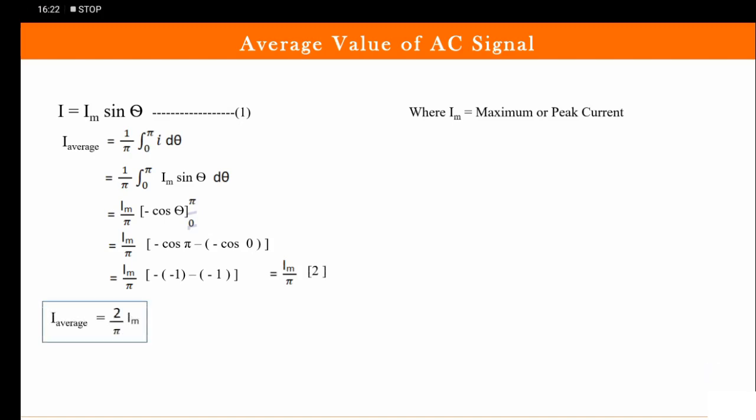So basically the equation for average value is 2 Im by pi. This is very important, and please remember that we have calculated this average value for half cycle, because for full cycle it is going to be 0. The average value of a full sine wave over one full cycle is 0. Please remember this equation, that I average is equal to 2 Im by pi.